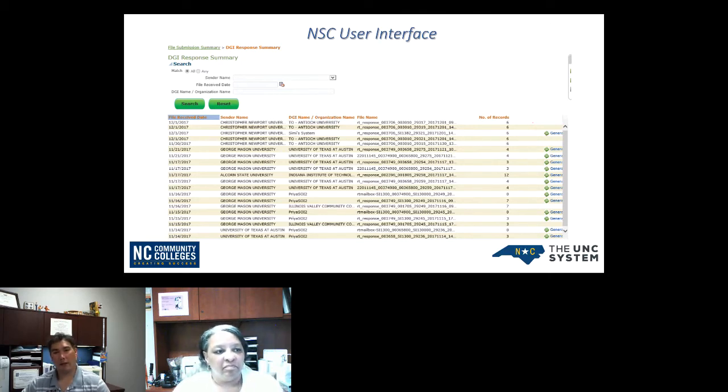Now it's a little different because it's transcript to transcript, meaning it's one university to one community college or vice versa. Whereas our data mart shares all the transcripts from the student into one record for that student. This is going, the student's attending this university and he attended your community college.